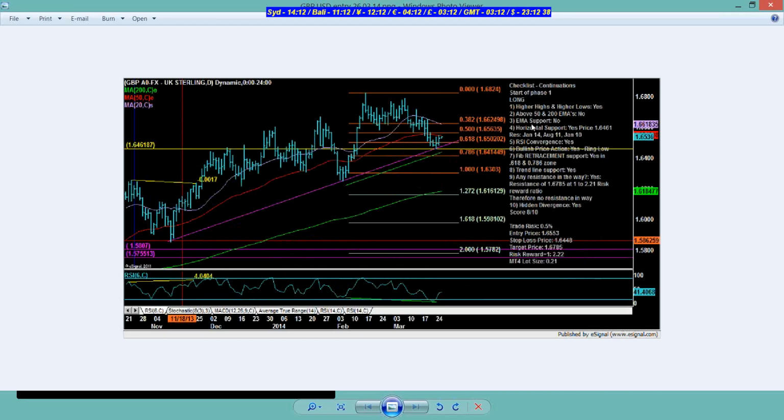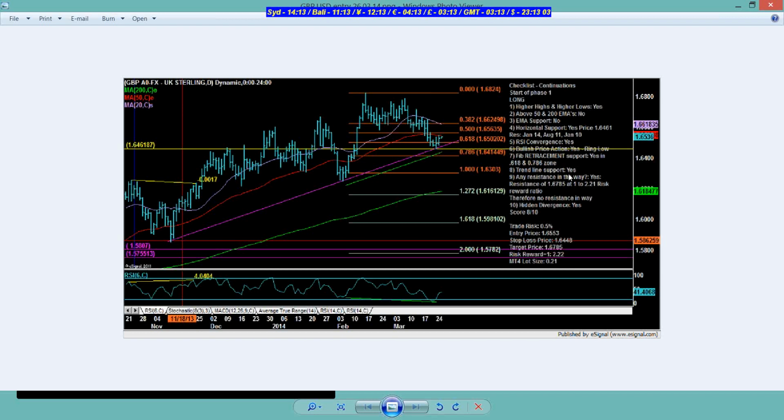Checklist, higher highs, above, yes. Correct, no. Correct, no. Yes. Resistance, cool. Convergence, yes. Bullish price action, yes. It's not a ring low, but we're seeing bullish price action. Okay. Fib retracement, yes.